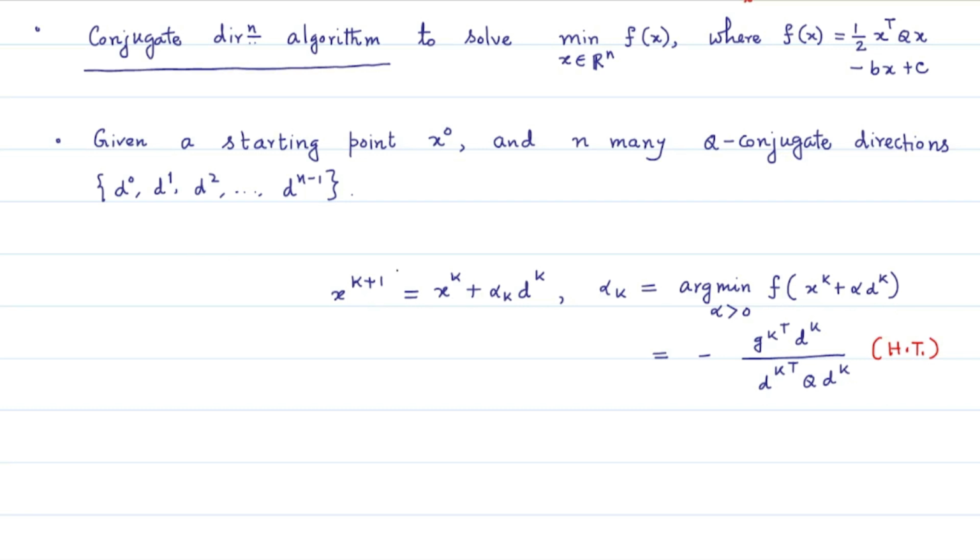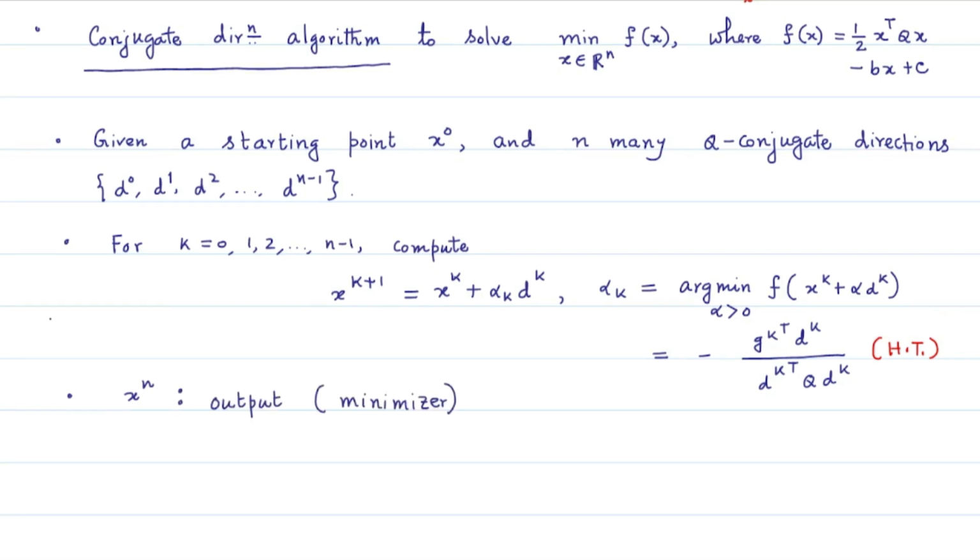So we compute this iterative formula n many times, for k equal to 0, 1, 2 till n minus 1, and at the end we are going to get the point xn, which fascinatingly gives us the minimizer of the function f.